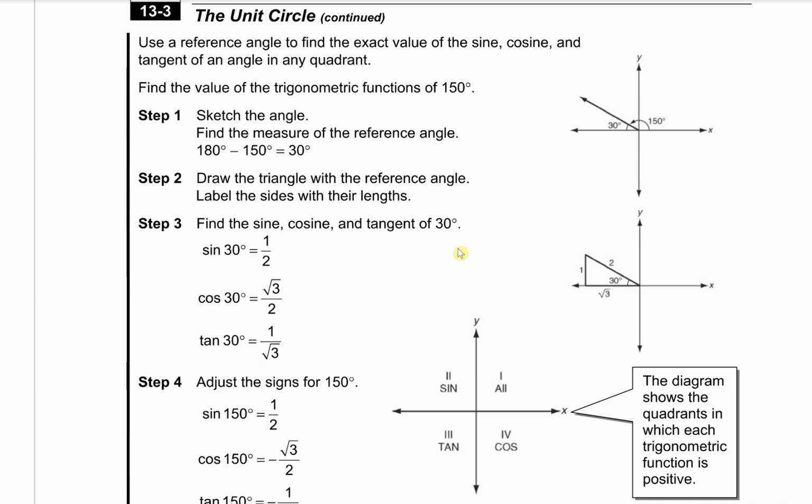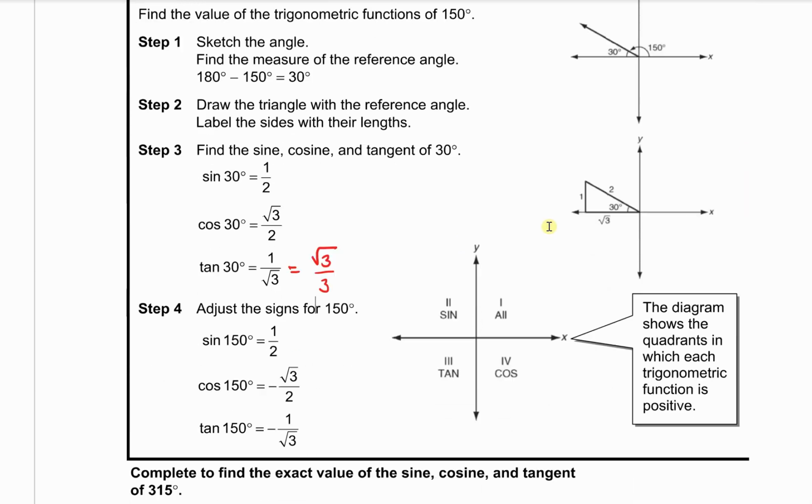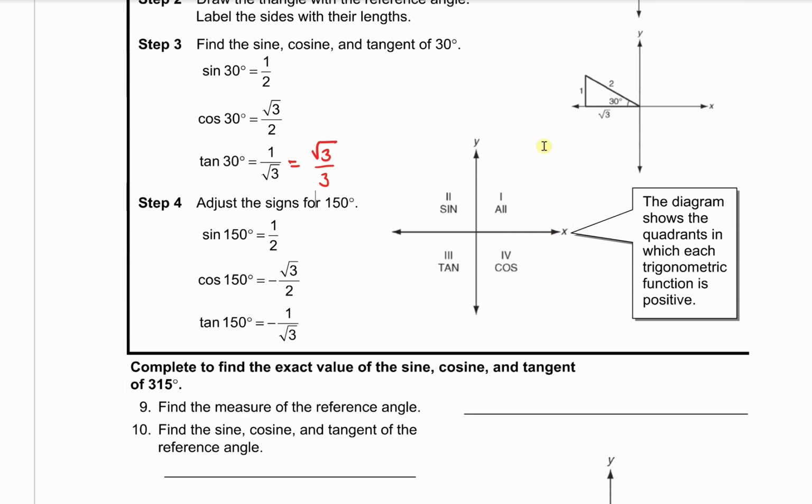So the sine of that is just going to be 1/2. Cosine, square root of 3 over 2. Tangent, 1 over the square root of 3, which, remember, is really the square root of 3 over 3, because we don't want radicals in our denominators. And that's going to work basically all the way around the circle.